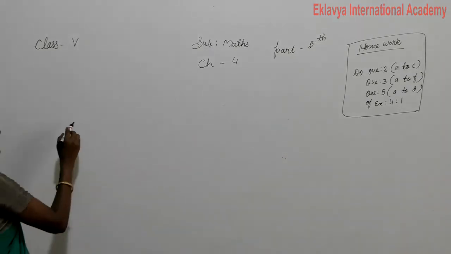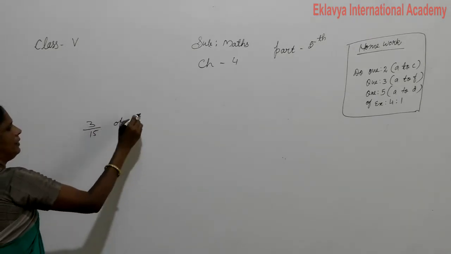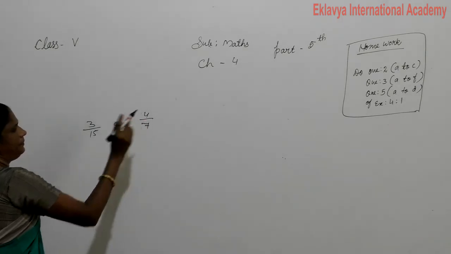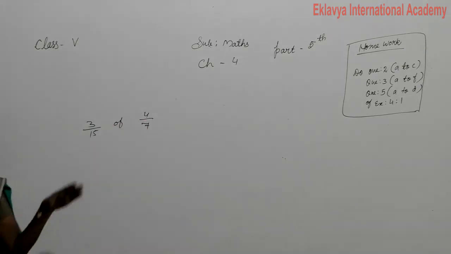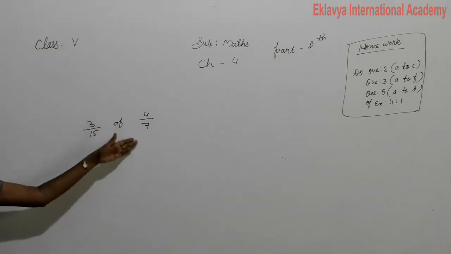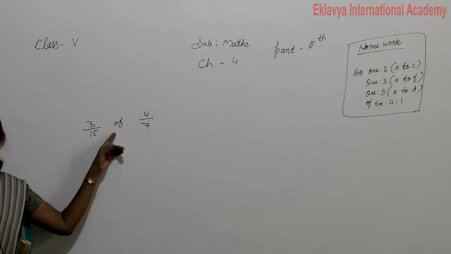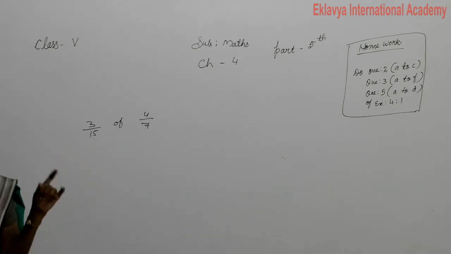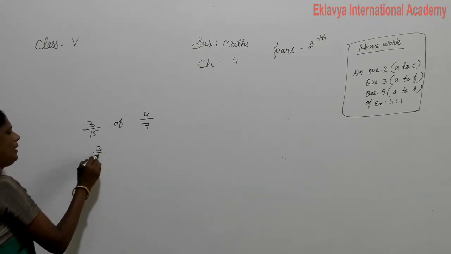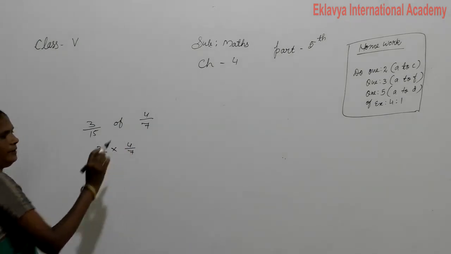3 by 15 of 4 by 7. First, instead of 'of', you put the sign of multiply. Here 3 by 15 multiply 4 by 7.